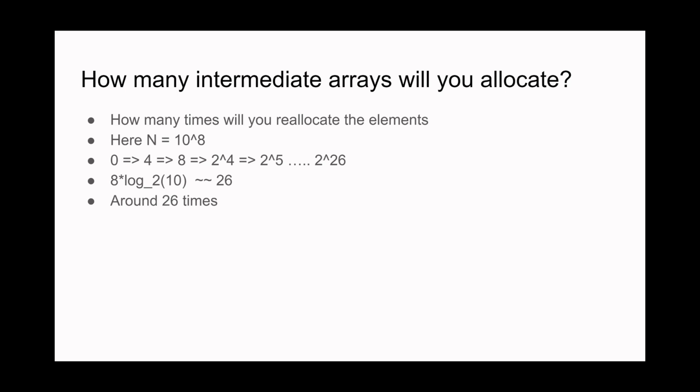So if you remember, it was 100 million. 100 million is 10 to the power 8, and you start with size 0, then you look at the base case in the code, then you go to size 4, and then you go to 8, then you go to 16, which is 2 to the power 4, and then you keep on going. How did I come up with this 2 to the power 26 value? You just take the log to the base 2 of n, which comes to 26, which means that you're going to do this reallocation, this resizing, 26 times.